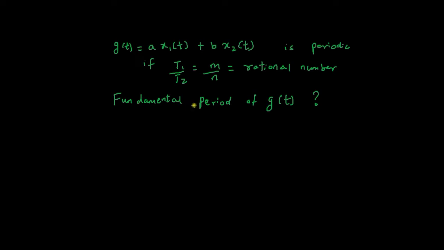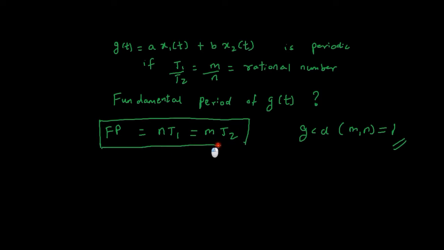The fundamental period of g of t is equal to n t1, which is the same as m t2. That is, t1 upon t2 equals m upon n, and just cross multiply: n t1 is equal to m t2. This is the fundamental period, provided the GCD of m and n is equal to 1. Only if the GCD of m and n is 1 can we use this formula. The fundamental time period then becomes n t1, which is the same as m times t2.